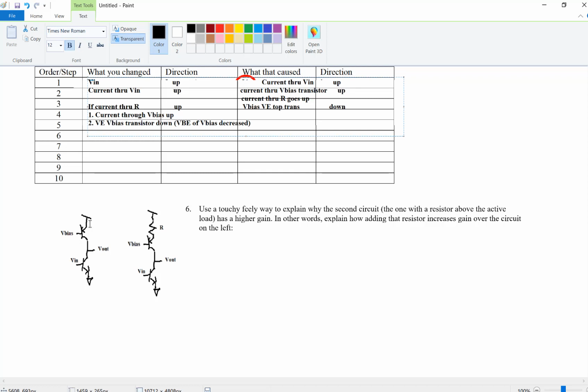So over here, VBE doesn't change on the Vbias transistor. So when you change the current through it, the VCE just changes enough for that current. But over here, because VBE went down, which usually turns down the current, this VCE has to increase even more than it does on the left-hand circuit to accommodate the new current.